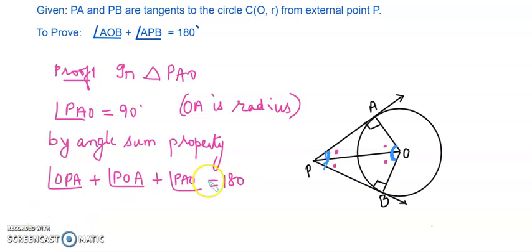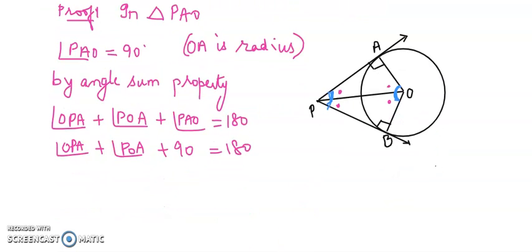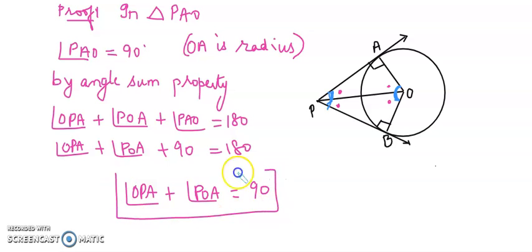Okay, now we know this is 90, so we are going to say OPA plus POA plus 90 is equal to 180. So can we say that OPA plus POA is equal to 90, because the 90 goes to the other side.